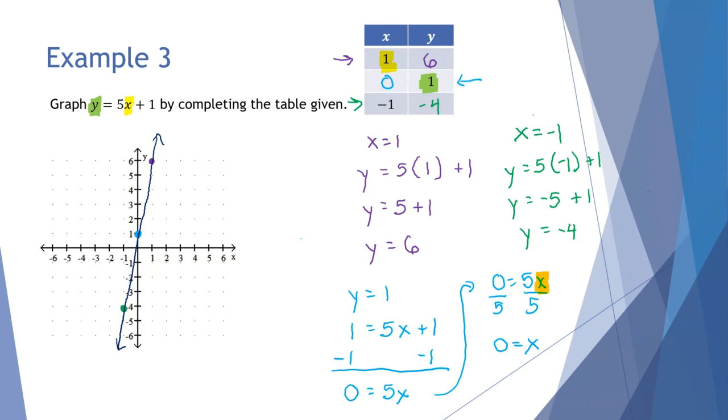So I'm dividing by 5 so that I can undo that 5. So then in the next line, 5 divided by 5 is 1. And if I have a 1 in front of a letter, I generally don't write that 1. And then 0 divided by 5 is 0. So that's how I get 0 on the left. Does that help? Are there other questions?